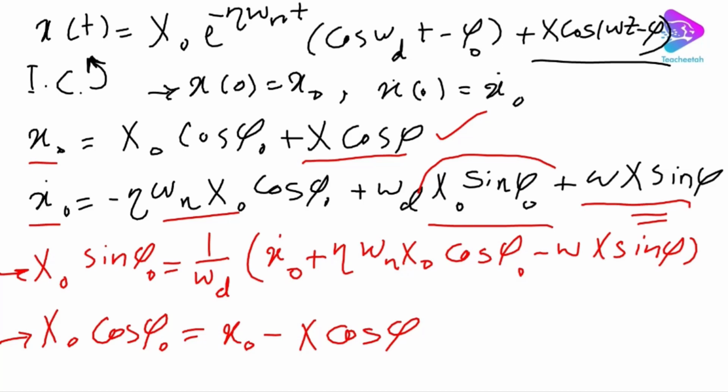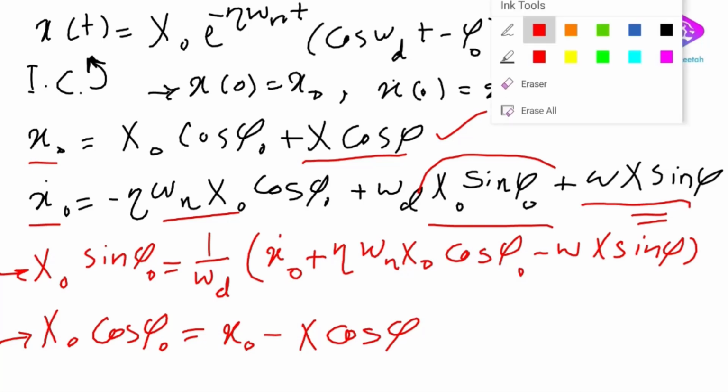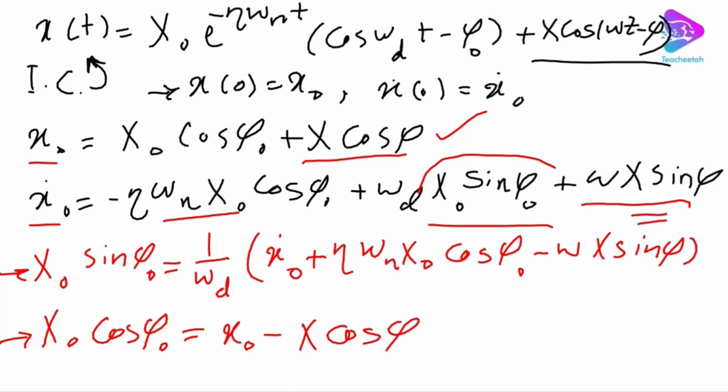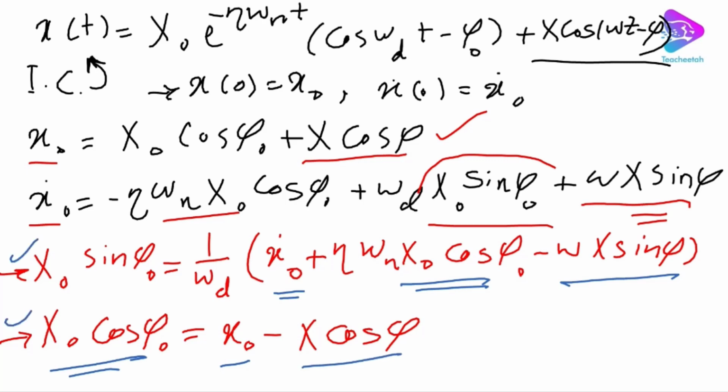So let's plug in the values we have here. If we look at it here, we have x dot naught from the initial conditions. We know basically these values. This part can come from here, right? And then we have x naught and x cos phi. So we can simply find these two equations.